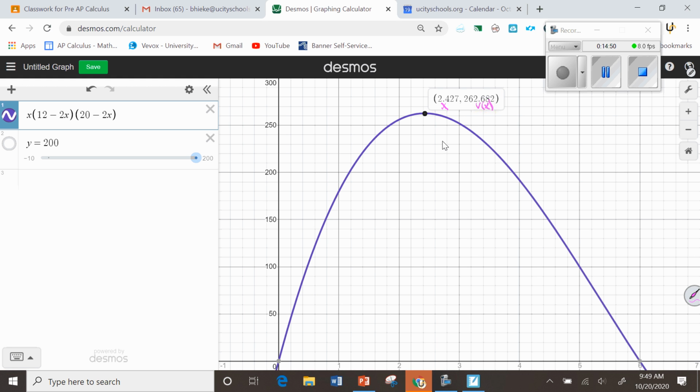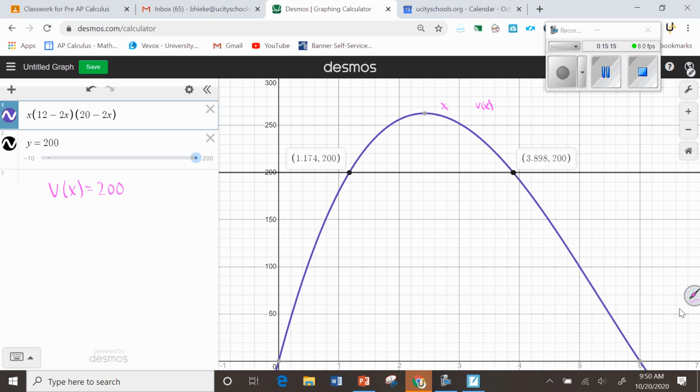And then the next question asks us, for what values is the volume equal to 200? When is it greater than? When is it less than? So I went ahead and graphed this line at 200, and these intercepts right here are going to show me when is it equal to. So when is the volume equal to 200?